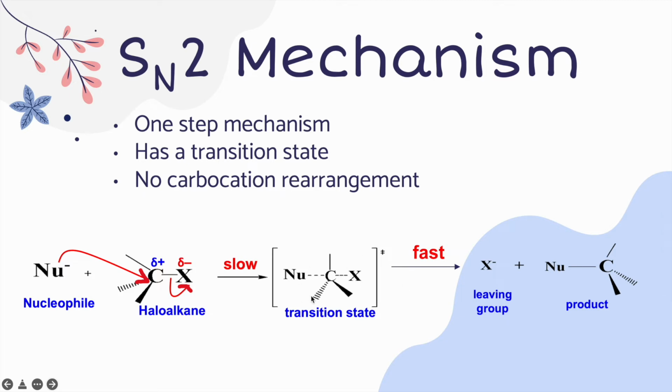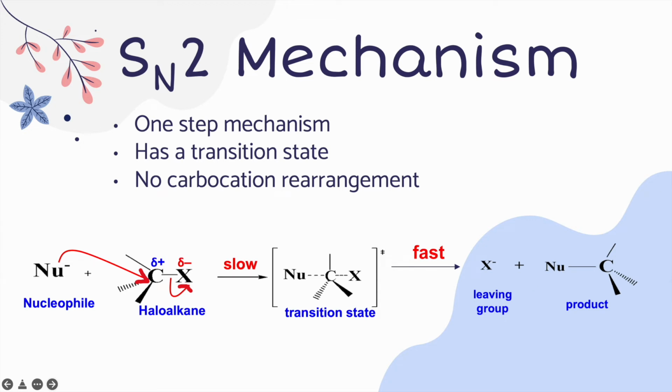So from the transition state to the product, the reaction is very fast. The leaving group is the halide ion, and in the product the nucleophile replaces the halogen atom bonded to the carbon. So this is the product of the SN2 mechanism. One step mechanism only.